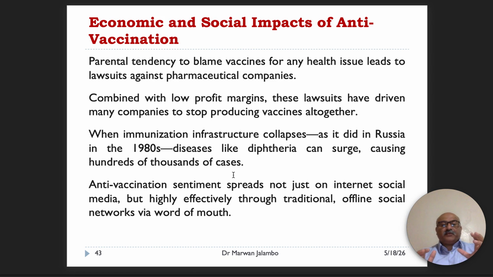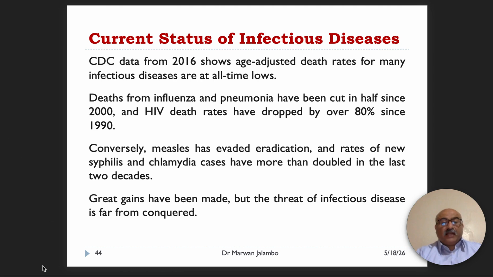So, where do we stand today? Let's look at the current status. We have much to celebrate. CDC data from 2016 shows age-adjusted death rates for many infectious diseases are at all-time lows.